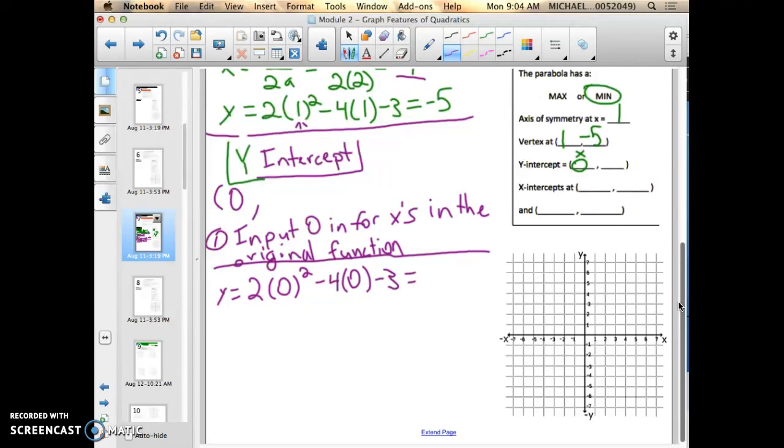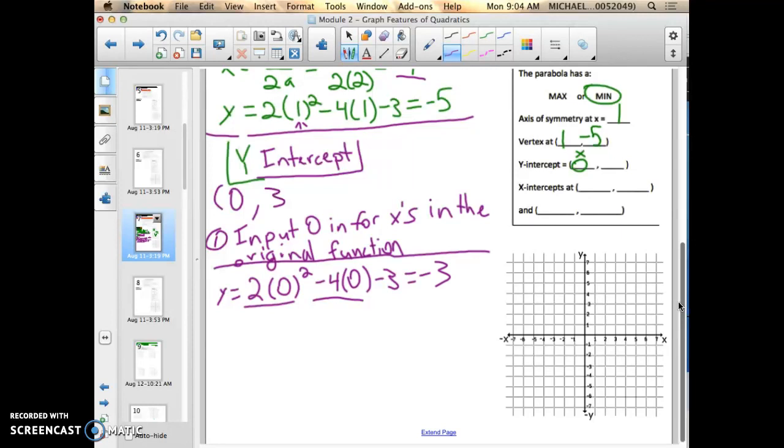That'll give me my y value of my y-intercept. Now if you notice, 0 squared is 0, 2 times 0, anything times 0 is 0. So this piece becomes 0, and then negative 4 times 0 also becomes 0. So I'm left with 0 minus 3 equals negative 3.